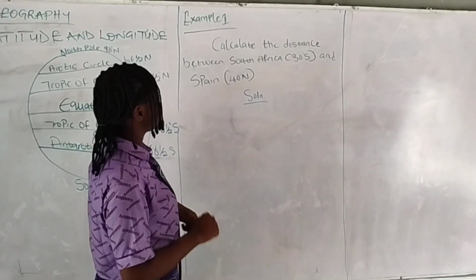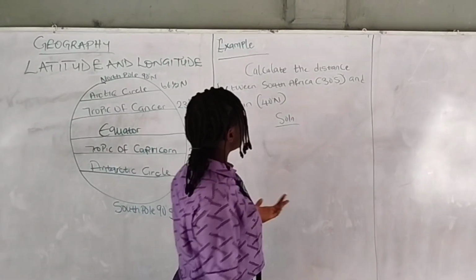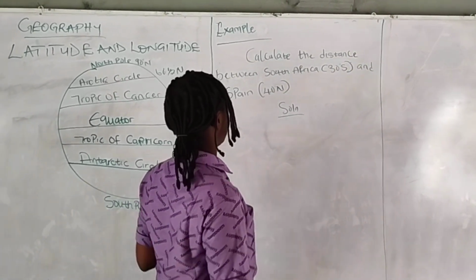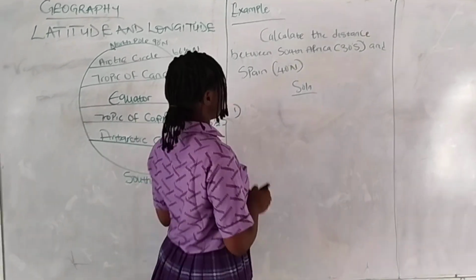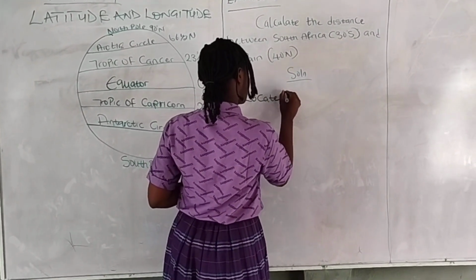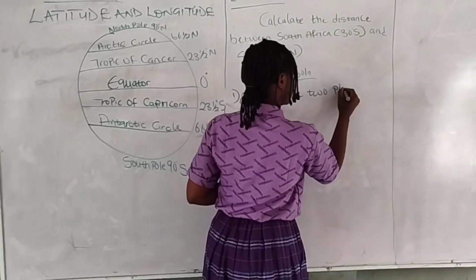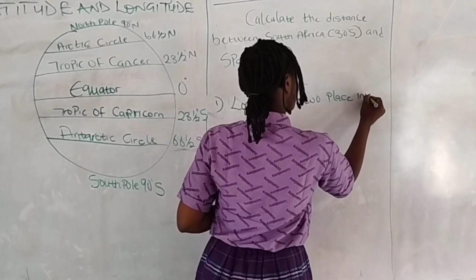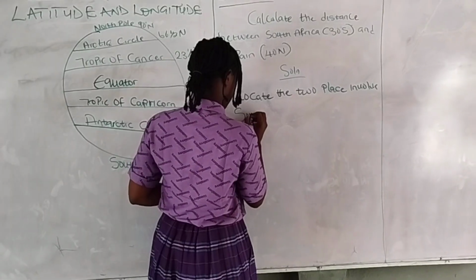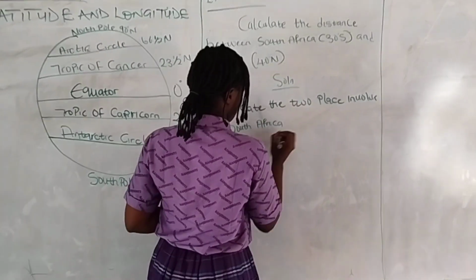Now following the procedure, let's solve example 1. Calculate the distance between South Africa, 30 degrees south, and Spain, 40 degrees north. Procedure 1 says we should locate the two places involved, which are South Africa and Spain.